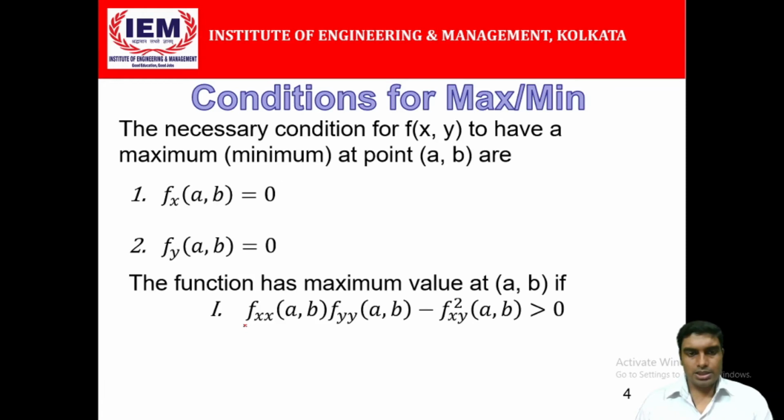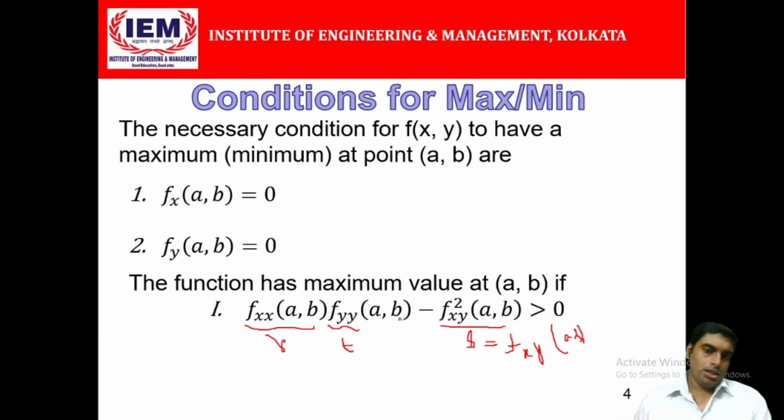This first term is denoted by r, this mixed term is denoted by s, so s is f xy at (a, b), and this term f yy, the second partial derivative with respect to y, is denoted by t.